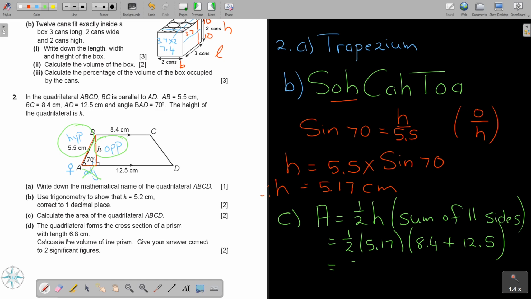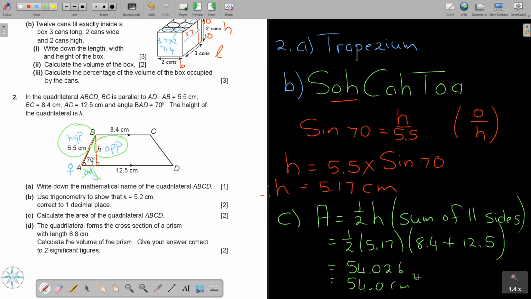Actually, I'm getting this. I just want to show you. But if you approximate, then it's going to be 54.0, because you must approximate it to 3 significant figures, and that is centimeters squared.